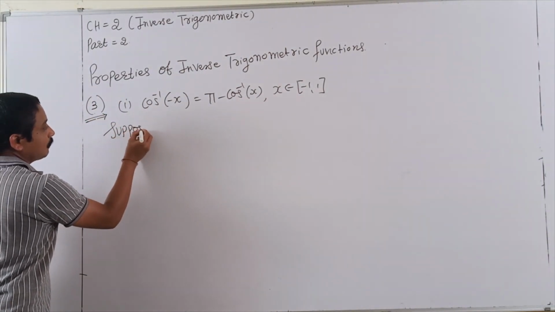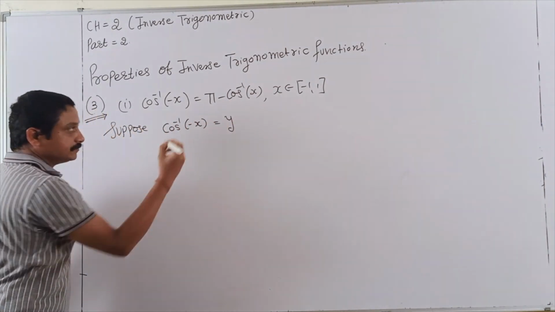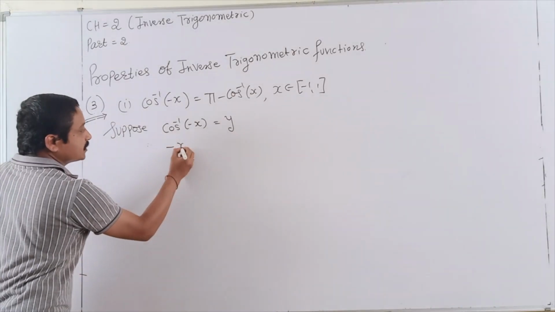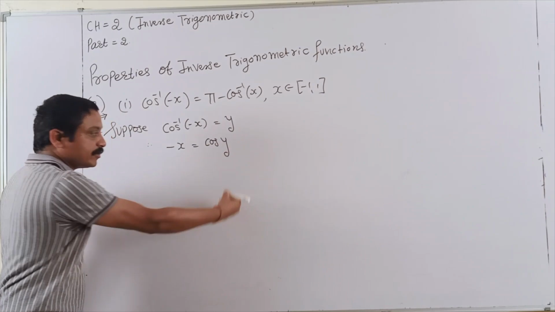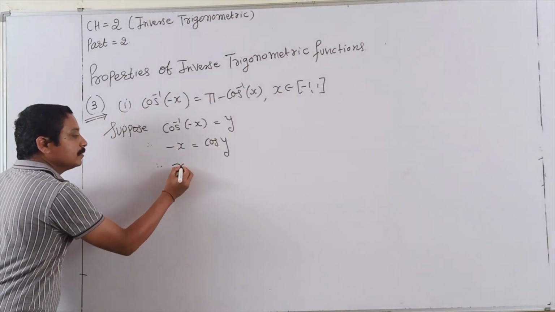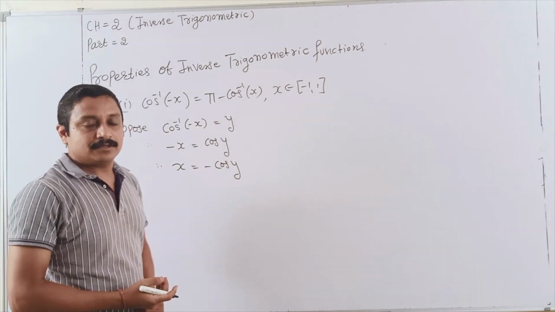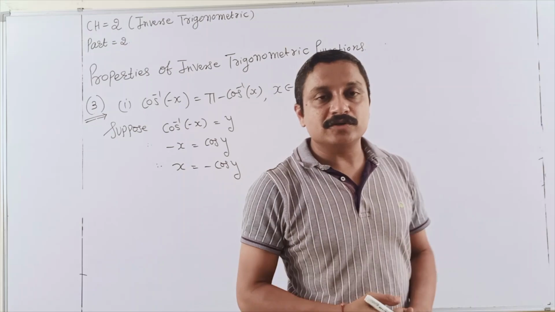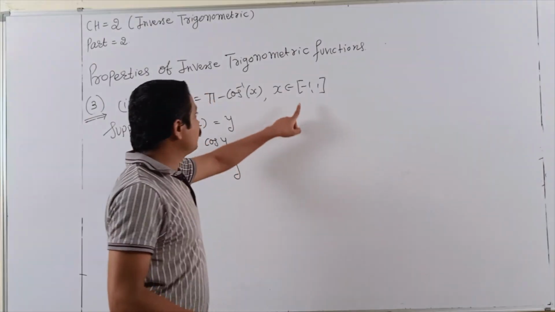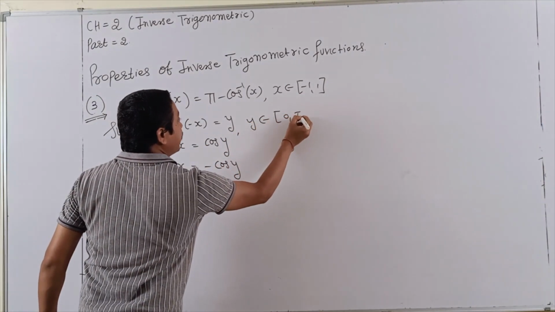Suppose cos inverse of minus x is equal to y in the range of our y. So what is the minus x? It is cos y, and that minus value I carry forward: minus cos y. Now students, minus cos y, when cos is negative in the range of that inverse function, y belongs to 0 to pi.